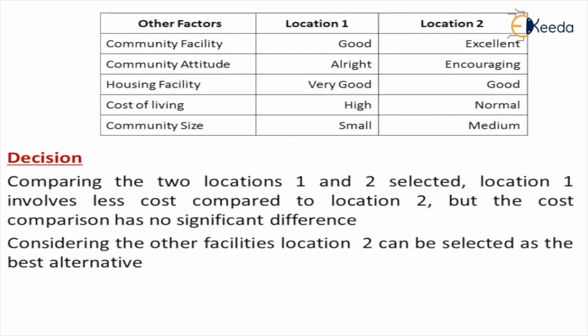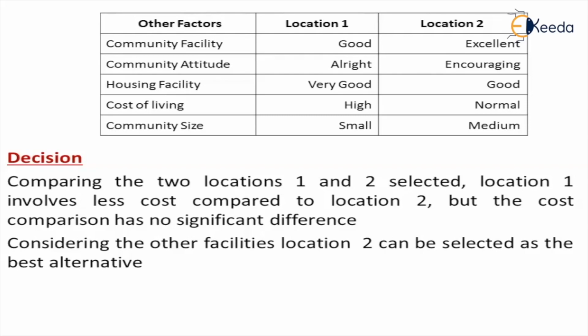Then housing facility. So is there any possibility of staying near the industries? Because every day I should not travel a longer distance to come to an industry. Then the cost of living in that particular place is high and normal in location 1 and location 2 respectively.